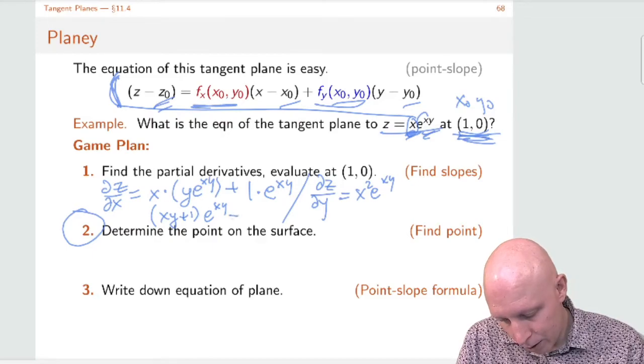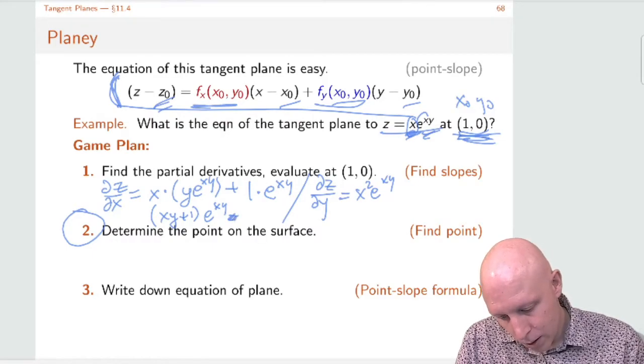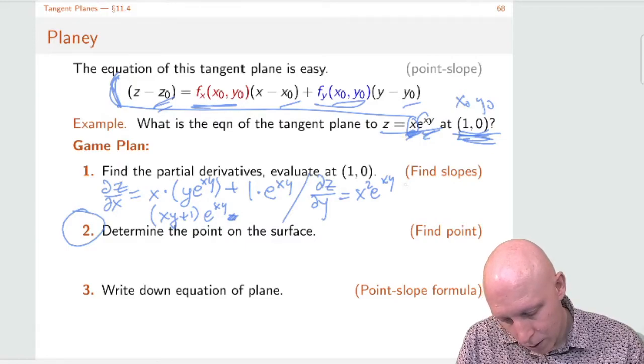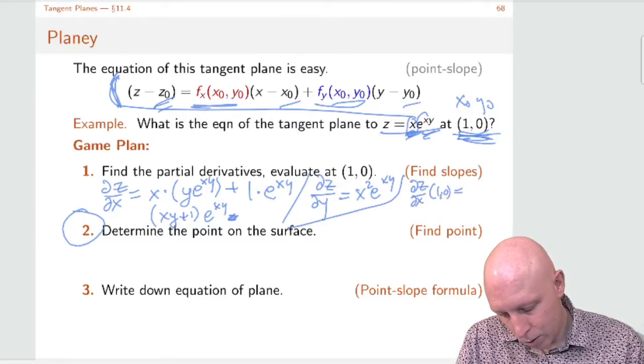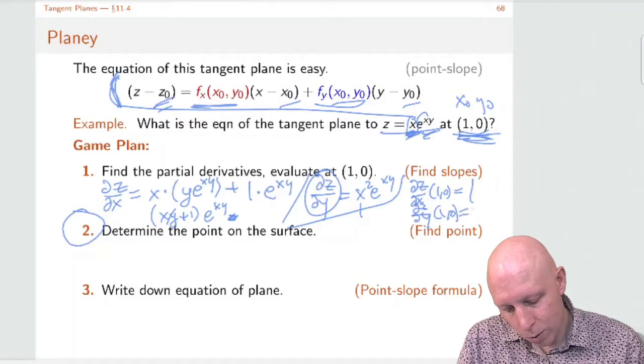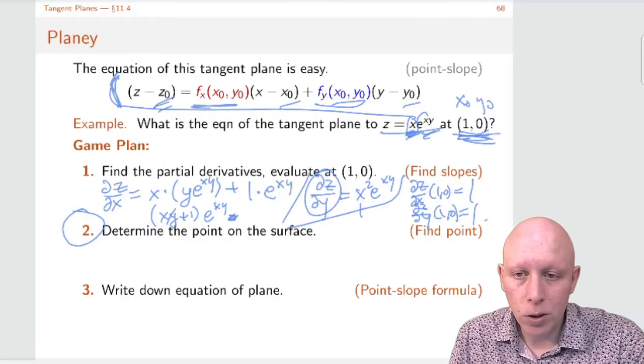So dz dx at (1, 0) is equal to, well, we plug in y is equal to 0, e to the 0 is equal to 1, and so it's 1. The derivative with respect to y: x is 1 times e to the 0 is also 1. So dz dy at (1, 0) is also 1.